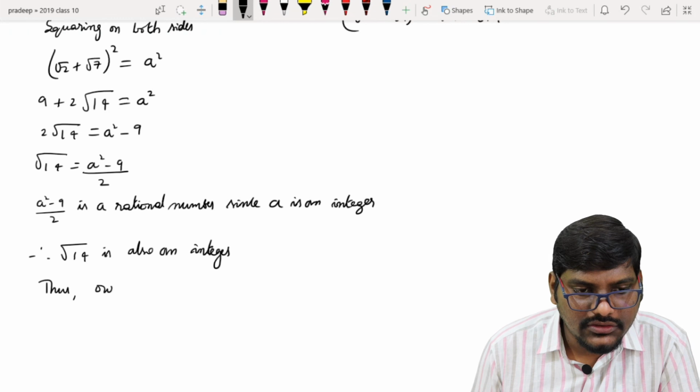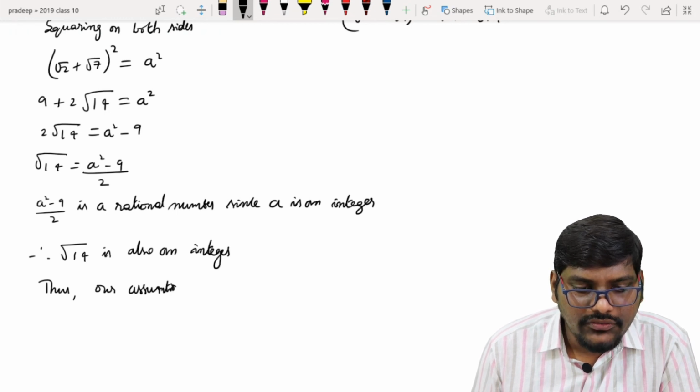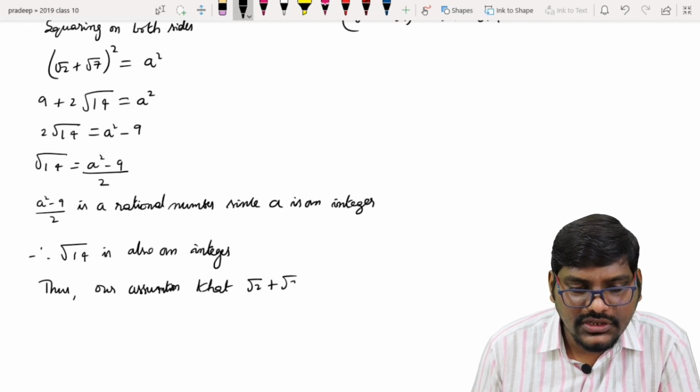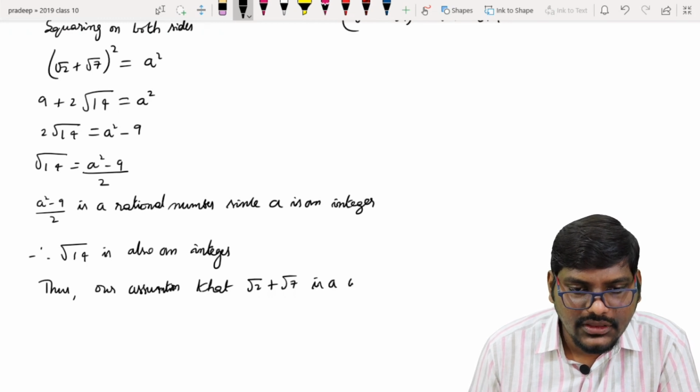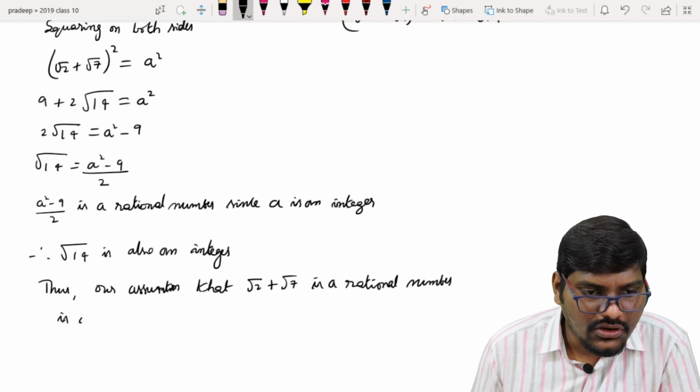Thus our assumption is, what is our assumption? We assume that root 2 plus root 7 is rational. No, that is a wrong assumption. So we'll write, root 2 plus root 7 is a rational number, which is wrong.